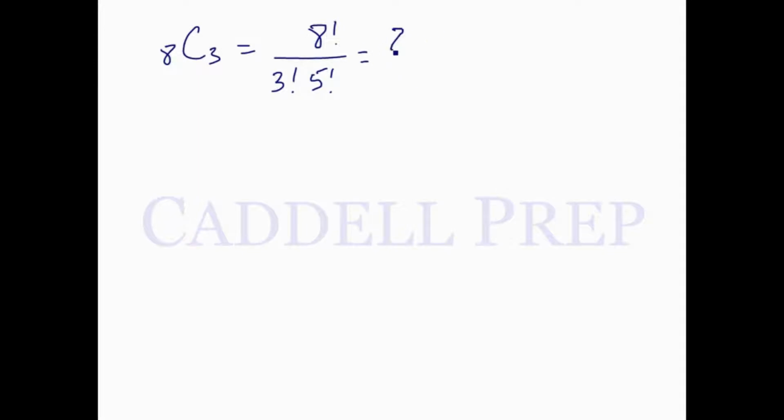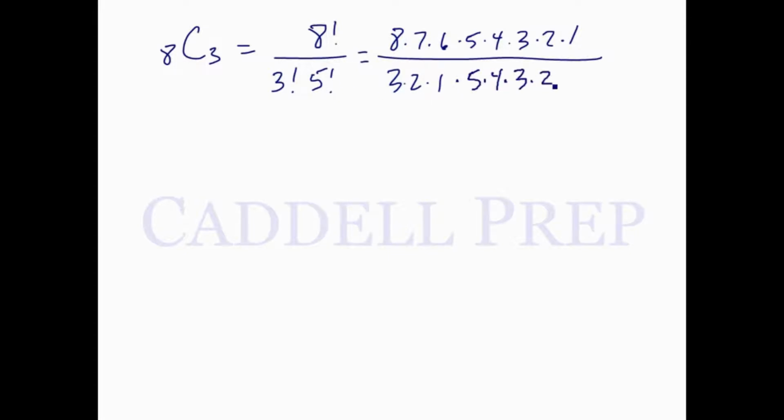So if we write this out, we have 8 times 7 times 6 times 5 times 4 times 3 times 2 times 1. 3 factorial is 3 times 2 times 1. 5 factorial is 5 times 4 times 3 times 2 times 1. And you can see that these are going to cancel out. Then we can reduce also the 2 and the 6, that becomes a 3. Then the 3 and the 3 becomes a 1. And we have 8 times 7, which is simply 56.